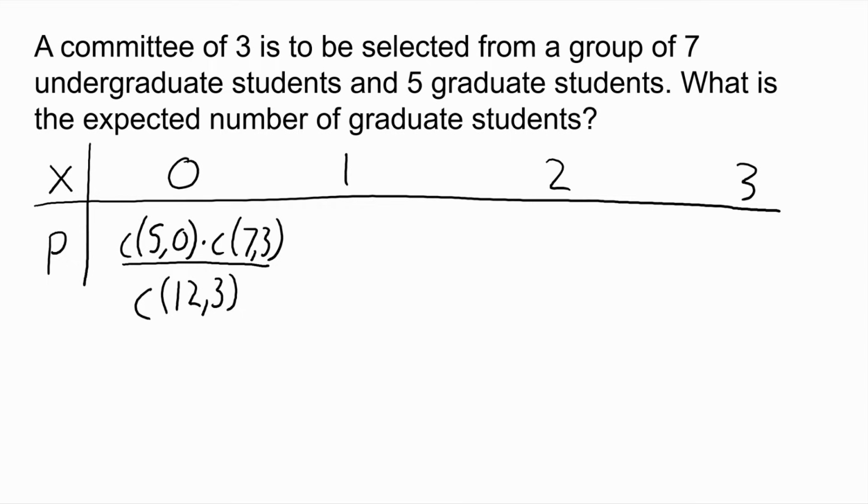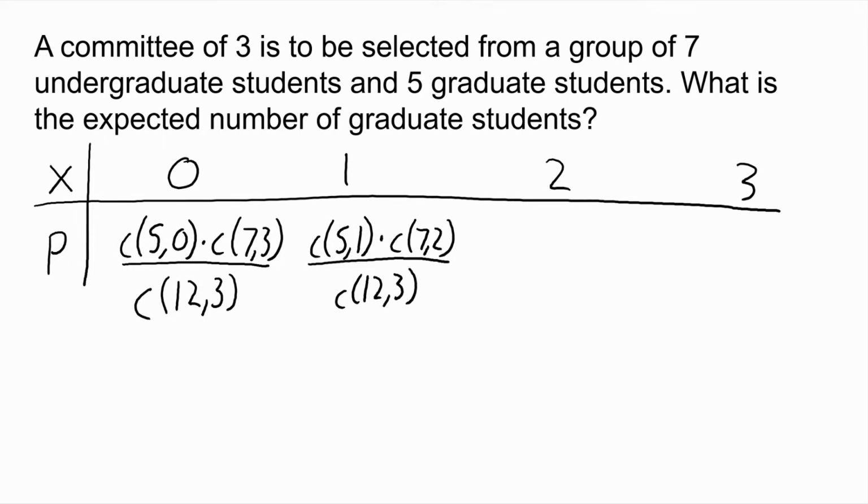For 1 graduate student, our denominator would be the same, combination 12, 3. And for our numerator, we want 1 graduate student out of the 5, so that's combination 5, 1, which would mean we would need 2 undergraduate students on the committee, so combination 7, 2.